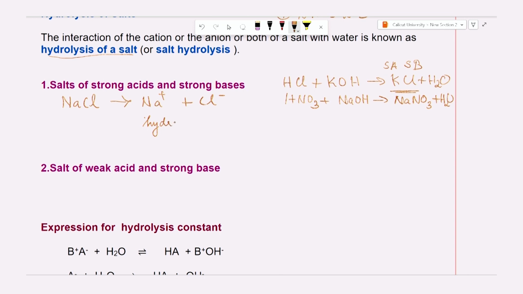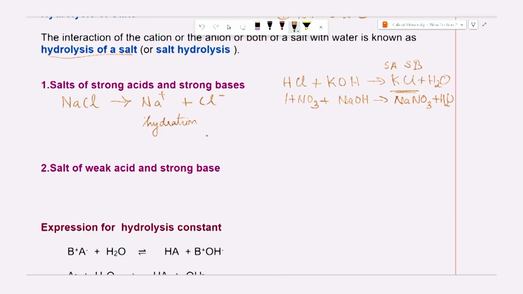Hydration means the ion is just surrounded by water molecules, with no chemical interaction. Chloride ion can get hydrated, but it never gets hydrolyzed. So, any salt formed from strong acids and strong bases does not undergo hydrolysis. You can exclude these types of salts, they do not hydrolyze.